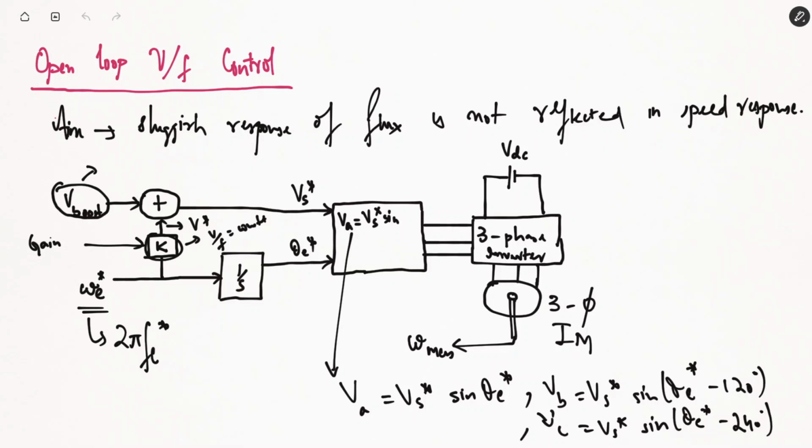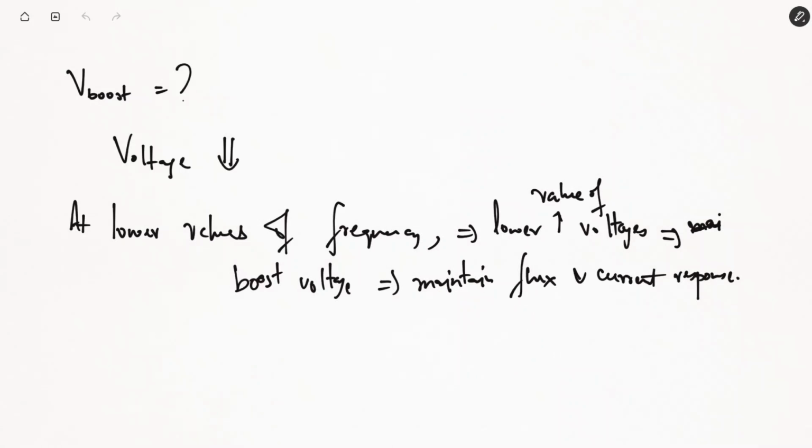Accordingly, you are generating the three-phase voltage feeding the inverter. Fine. So this is a circuit diagram just depicting how your V by F ratio will be kept constant in an open loop strategy.